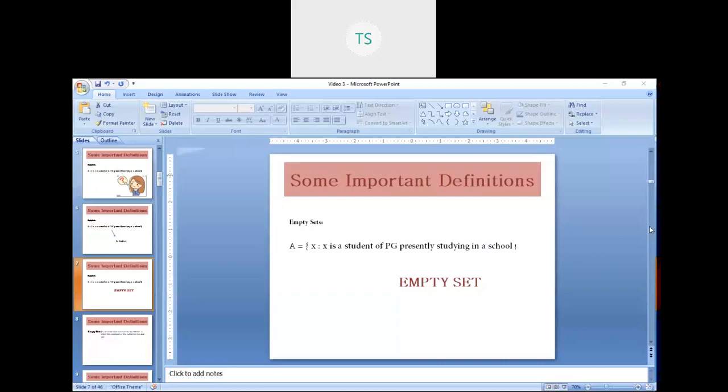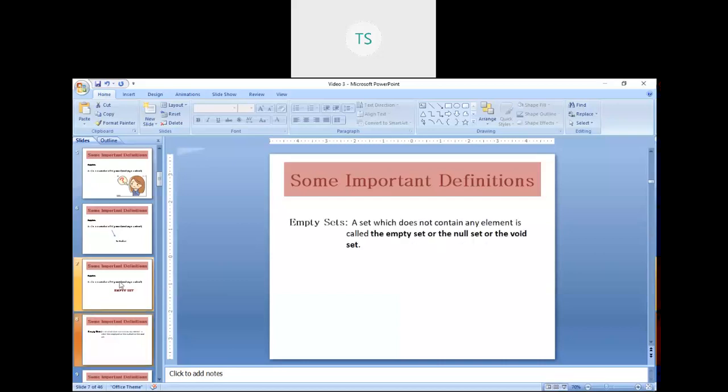So that's why we can write the definition of an empty set as: a set which does not contain any element is called the empty set or the null set or the void set. That means you will have three different names for this particular set.